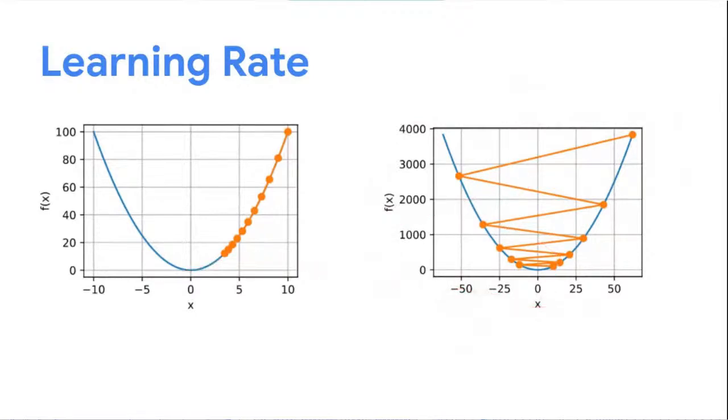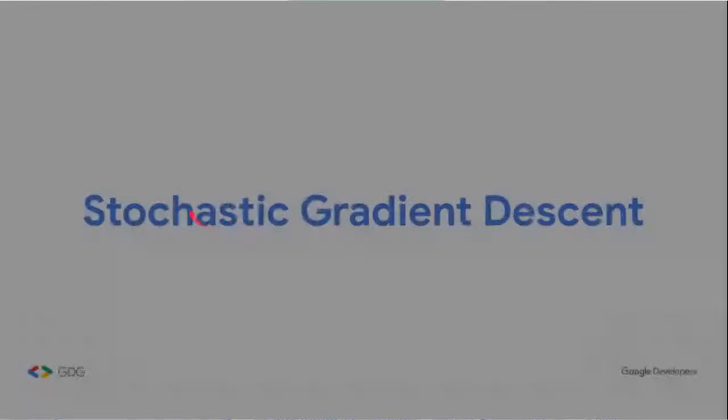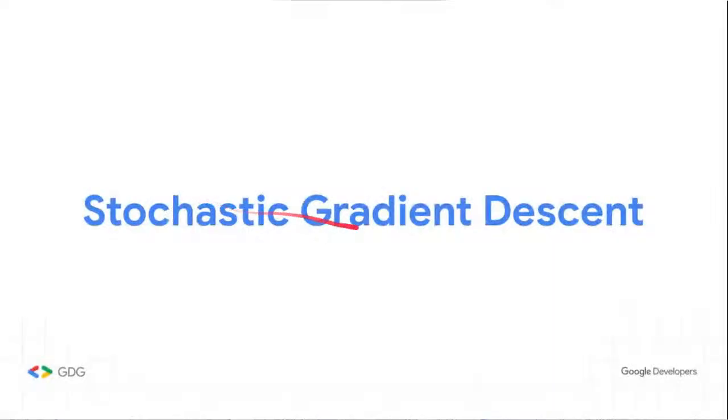So to find the minimum loss, the lowest loss function, we will use a small learning rate.